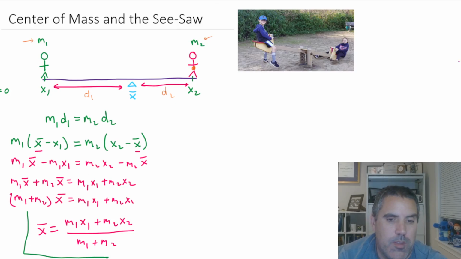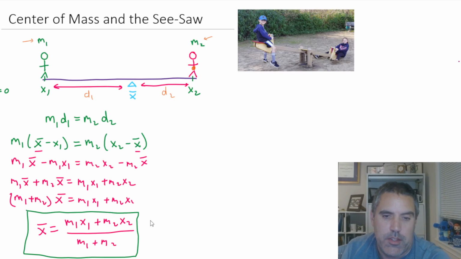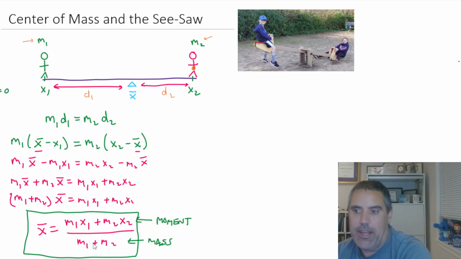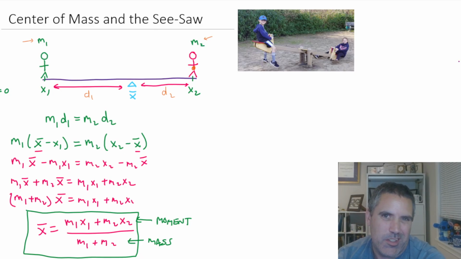That's it. It's really an averaging formula, a weighted average. We call the thing on top a moment, or in physics they do, and we call the bottom the total mass of the system. So it's this weighted average, and it really does make a lot of sense.